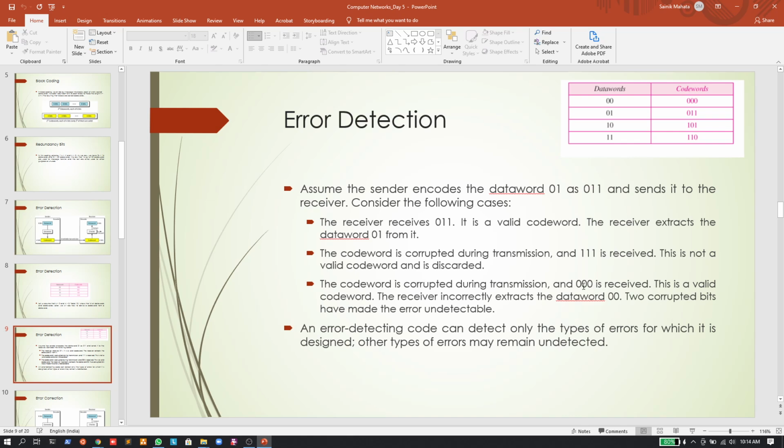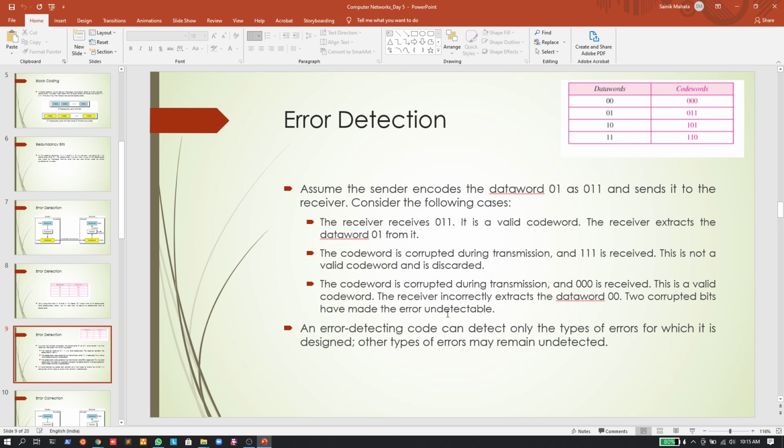We can see that 000 is actually a valid code word. The receiver will incorrectly extract data word 00, which means 2 corrupted bits have made the error undetectable.